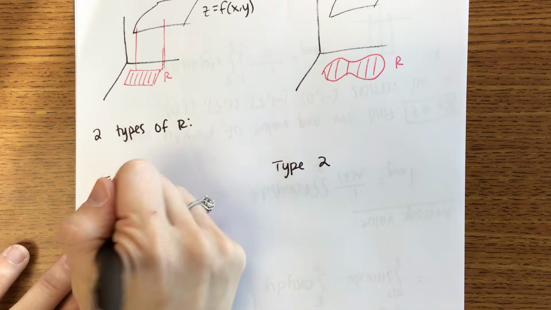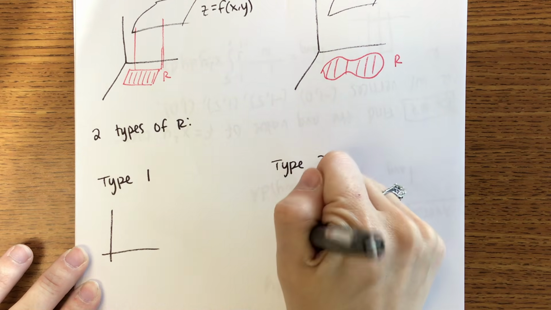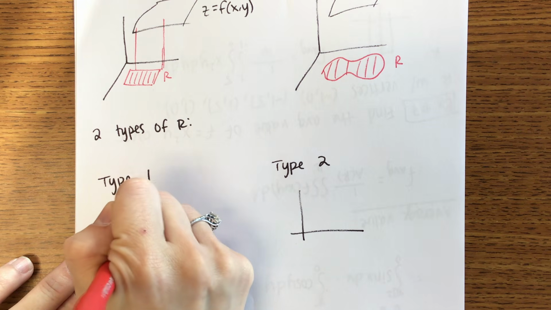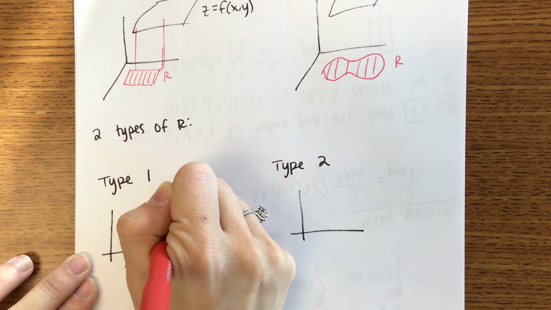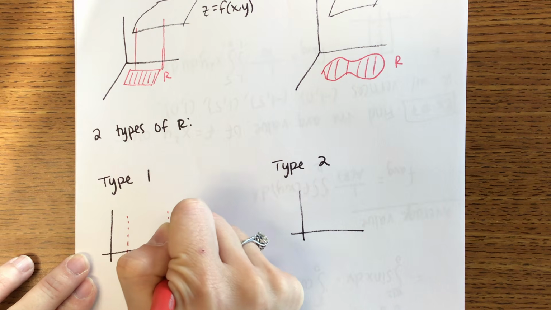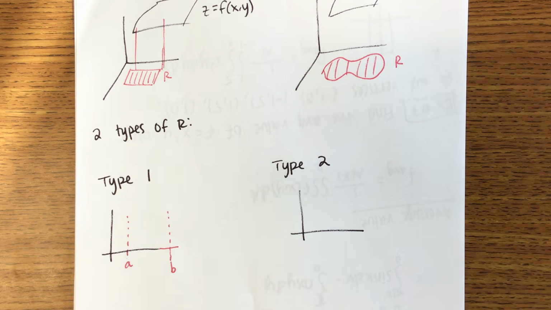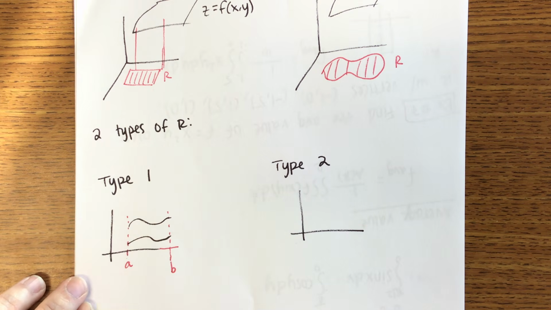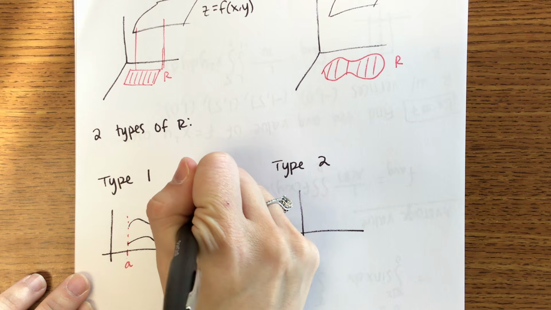And again, these are regions in the xy plane. Here's what type 1 looks like. Type 1 has two vertical boundaries, x equals a and x equals b. And then the top and bottom boundaries are functions of x.